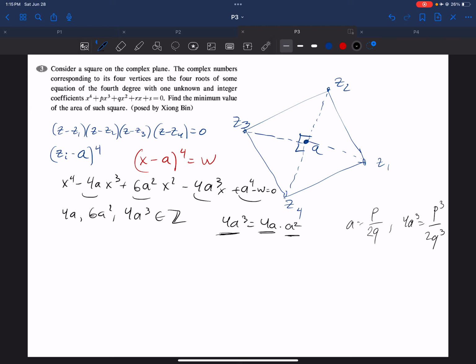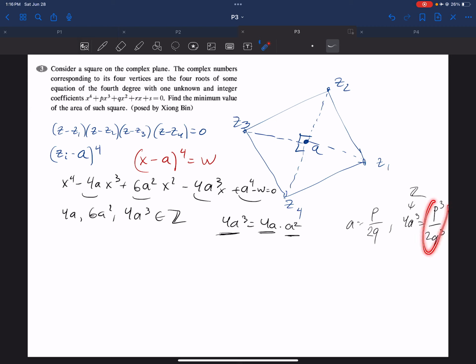And the only way for it to be an integer, look, if p over 2q was a rational number, it means that p is odd.